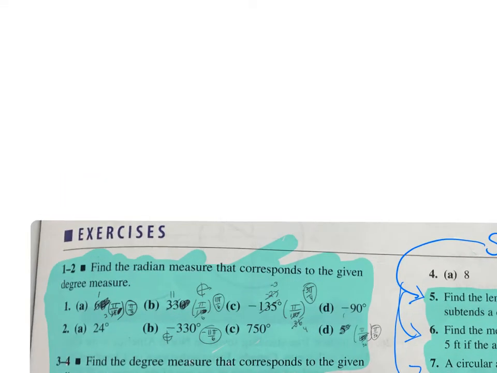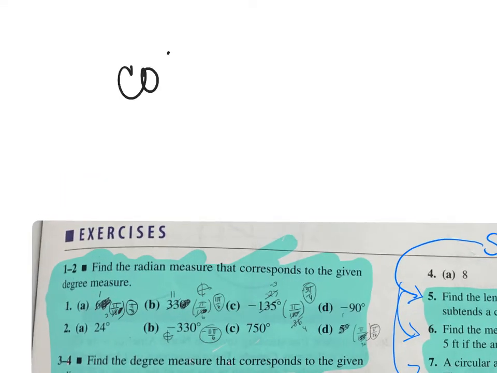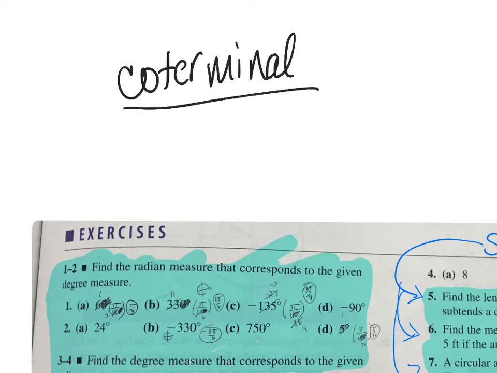All right, let's talk about coterminals. Coterminal. That's when I add and subtract 360, or add and subtract what? 2 pi, depending on what they give me.